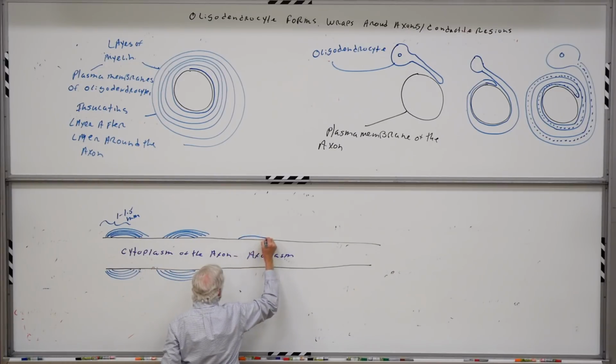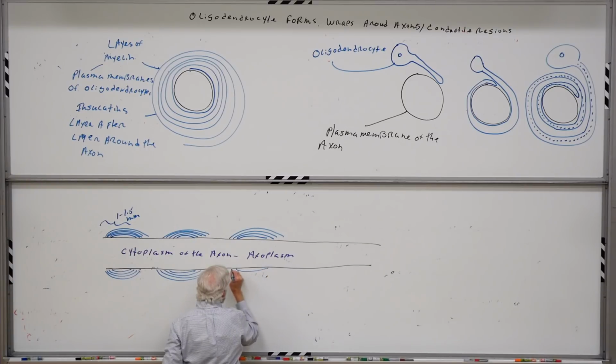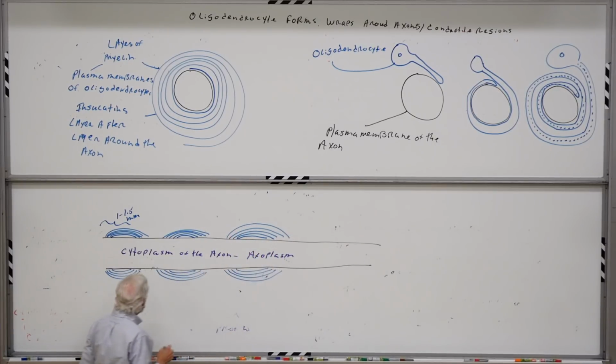So every interval of about a millimeter or a millimeter and a half, there's this opening. These openings have a name.